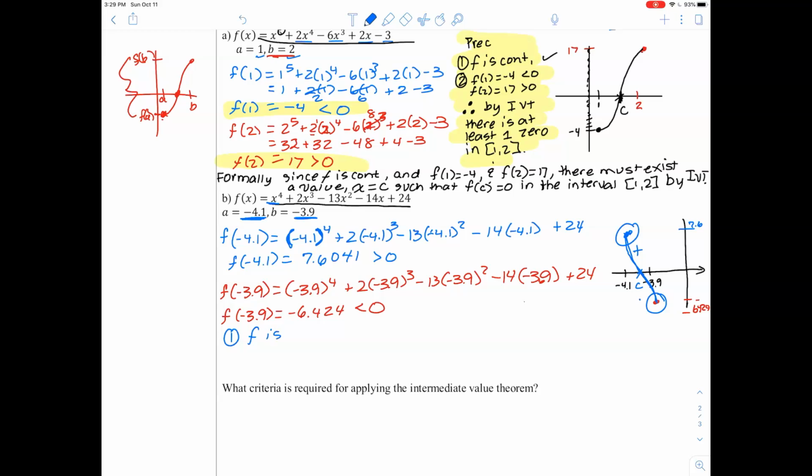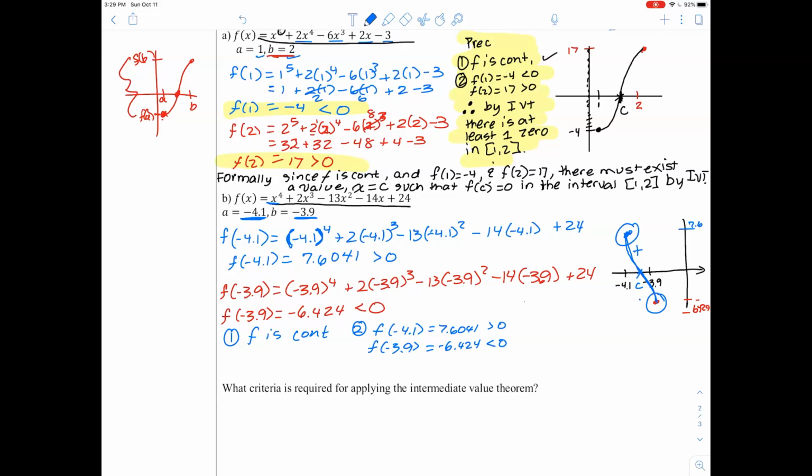And so we would just say: 1, f is continuous. 2, f of negative 4.1 is equal to 7.6041, which is greater than 0. And f of negative 3.9 is equal to negative 6.424, which is less than 0.